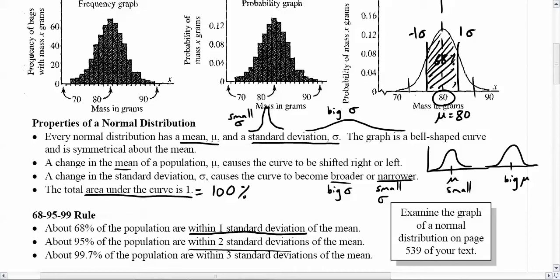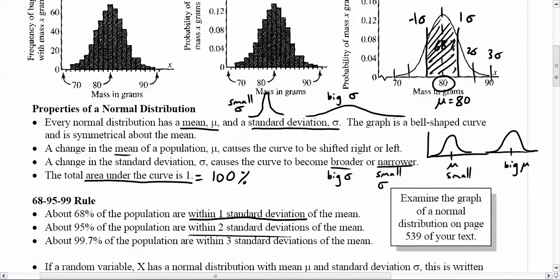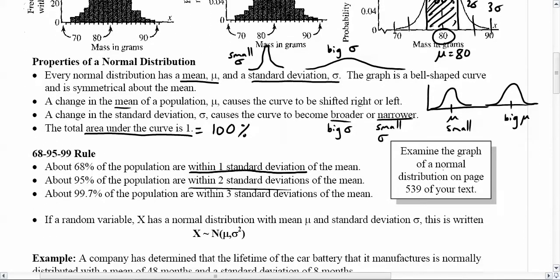There's only a very small amount, 5% left. And 99.7% is within 3 standard deviations. And you can take a look at some of the pictures of normals on page 539 in your text.